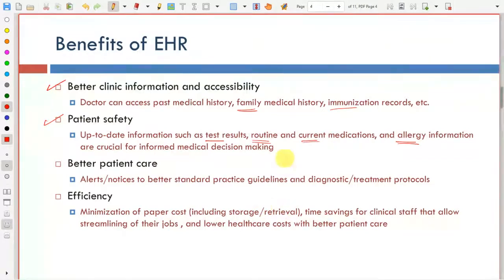Why? Because if the doctor is going to prescribe another medication, they use Rx, like prescription. This is the symbol for prescription. If he's going to put some more medication to this patient, some medication might interact negatively with the current medications.